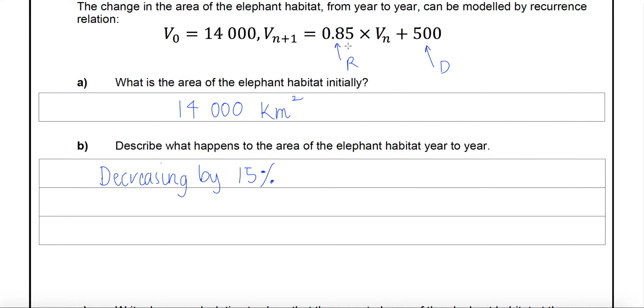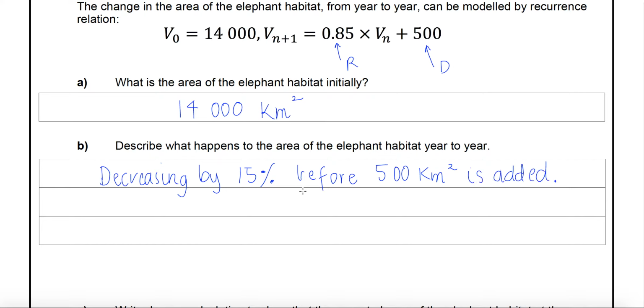Since, of course, multiplying by 1 would be an R value of 1, and so to get 0.85, we're actually taking off 0.15, which is equivalent of 15%. So it's decreasing by 15%. However, after that happens, we're actually adding on 500 square kilometres.